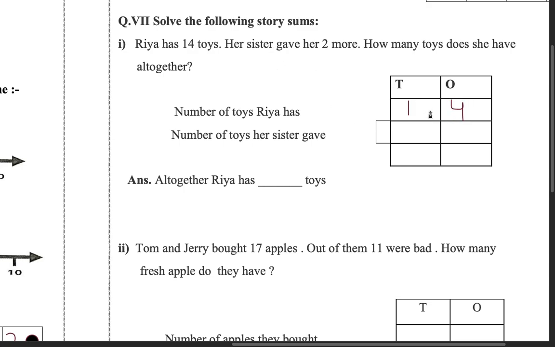Her sister gave her 2 more. So how many she has? 4 plus 2 is 6 and here is number 1. So total she has altogether, Ria has 16 toys.